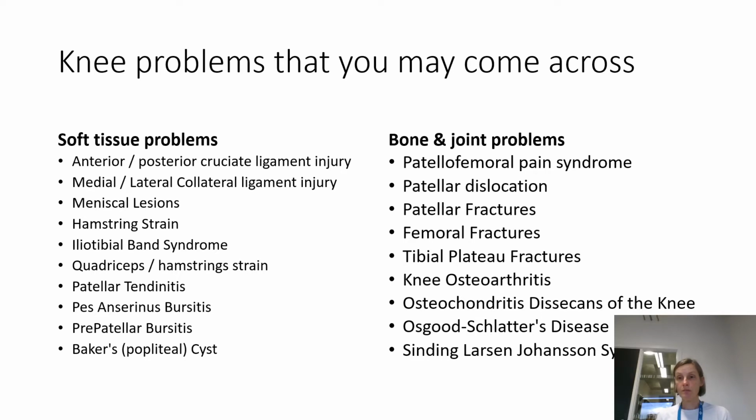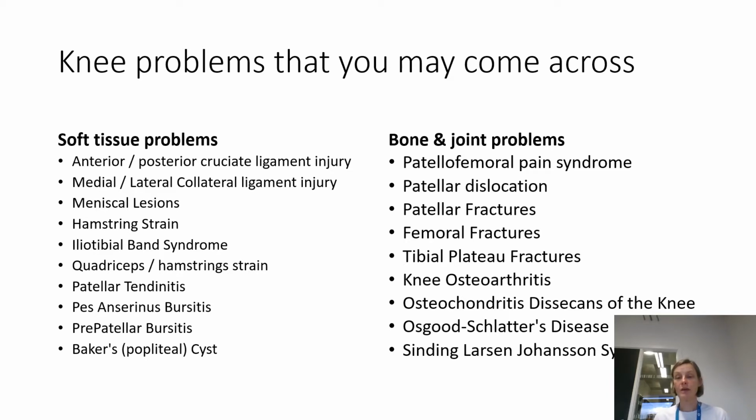Bone and joint problems include patellofemoral pain syndrome, although in reality, patellofemoral pain syndrome is more likely to be a combination of both soft tissue and joint, but the pain occurs at the joint. Other patella problems include patella dislocation and fracture.